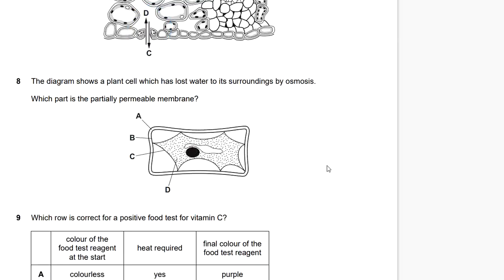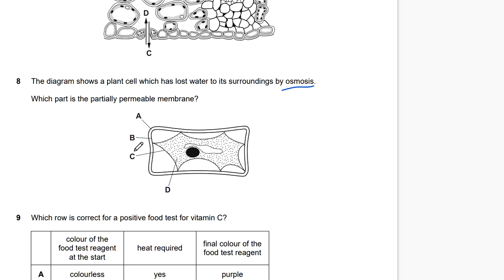The diagram shows a plant cell which has lost water to its surroundings by osmosis. We have to consider what osmosis is. Osmosis is the movement of water from a lower concentration to a higher concentration for it to equalize the two solutions between those membranes.